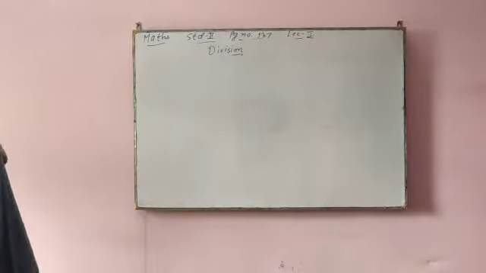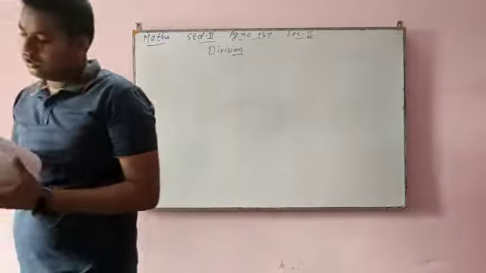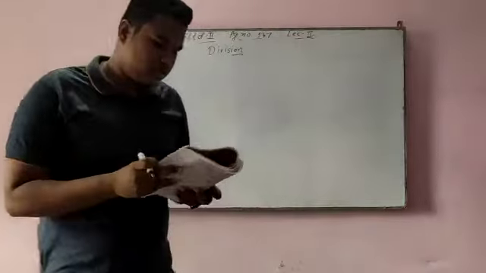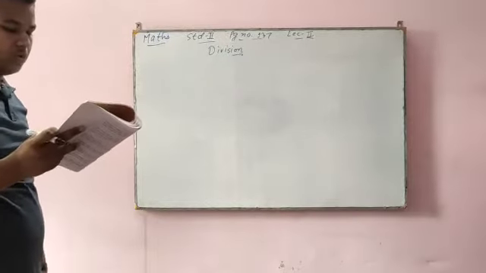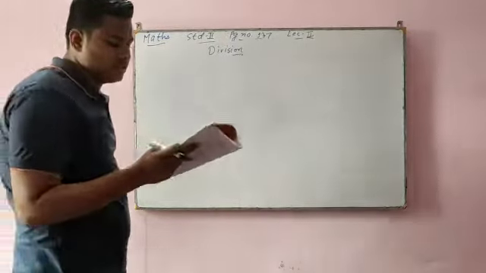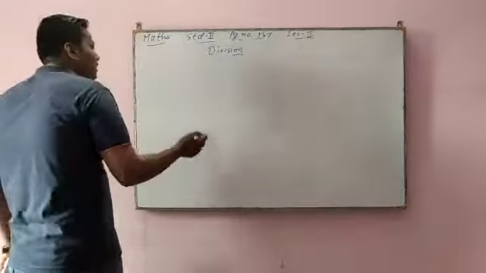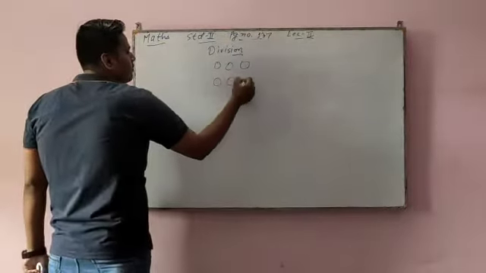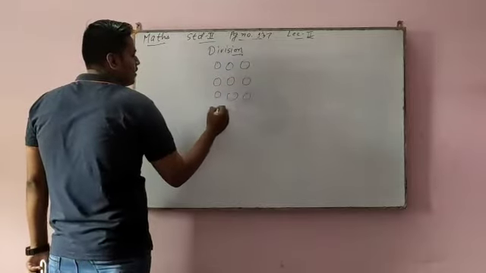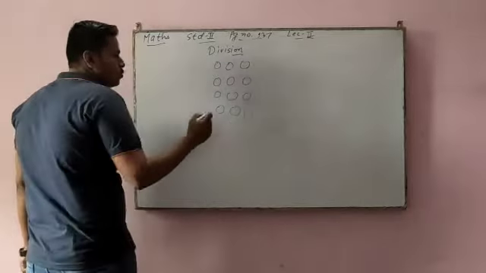So this is a collection of 12 cups. Now 12 cups are divided into 3 groups, each having the same number. See, there are 12 balloons: 1, 2, 3, 4, 5, 6, 7, 8, 9, 10, 11, as you will say, 12 balloons.